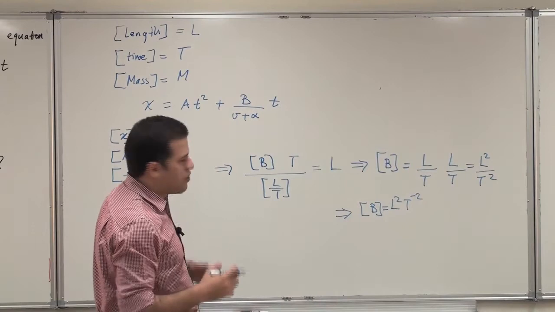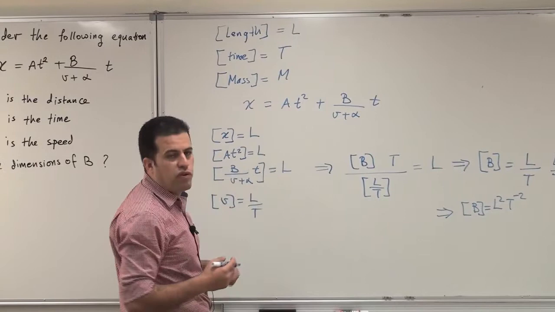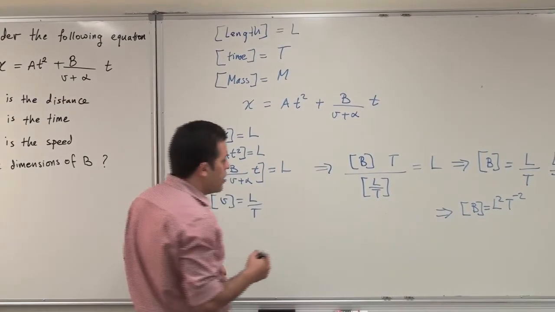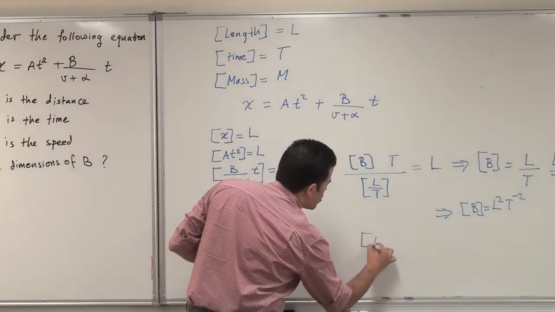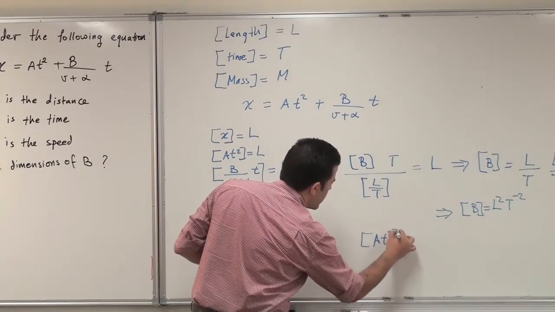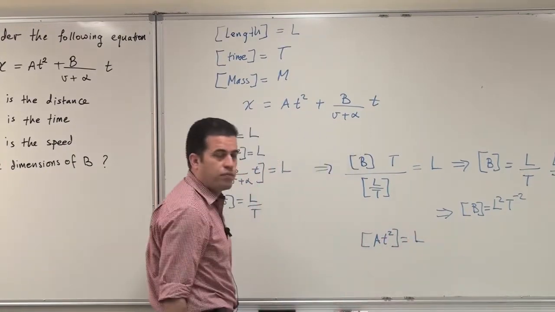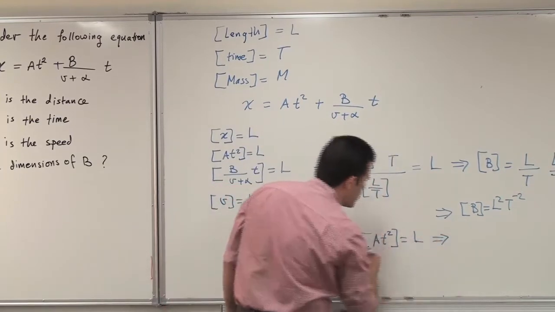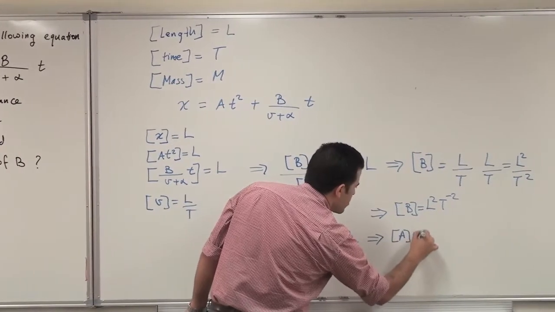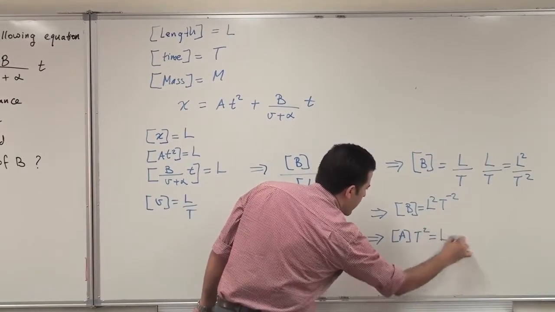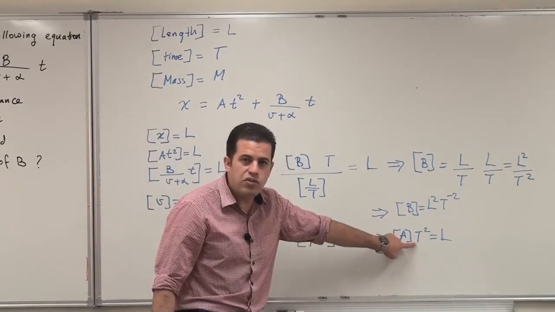Now we can add something to this question: what if we also want to find the dimensions of a? It's now simple. We can follow the same rule. We can say that the dimensions of a t squared as a whole should be given in length L. So the dimensions of a times T squared should equal L, because the dimensions of t squared is big T squared.